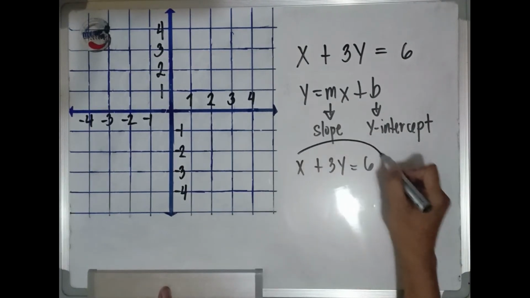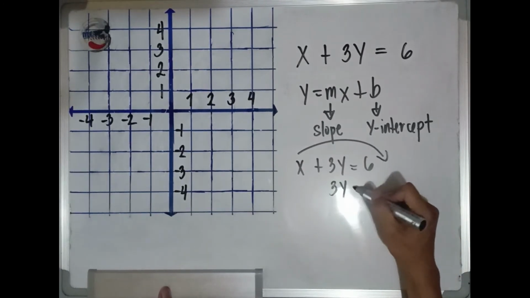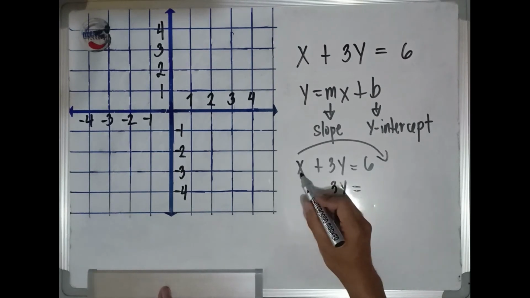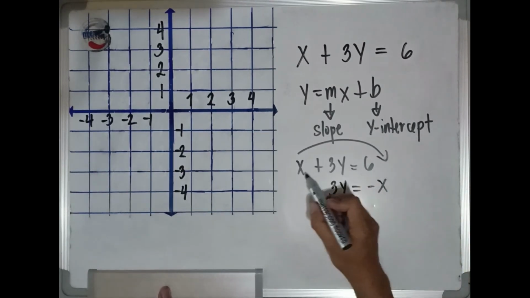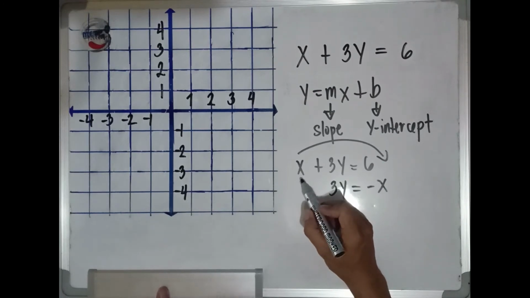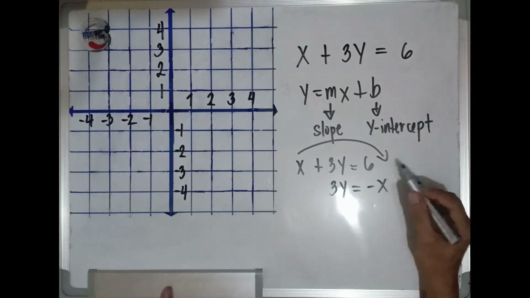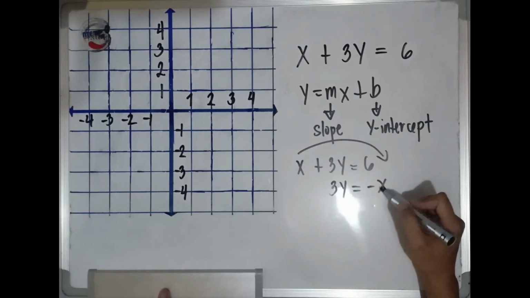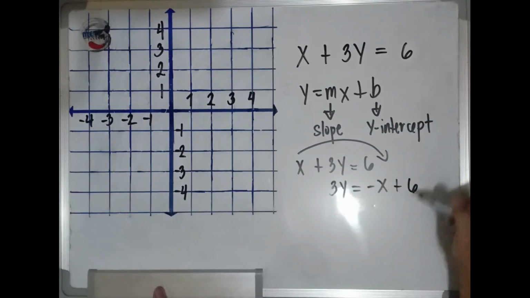So we have to transpose x on the other side. So 3y is equal to x will become negative x. Again, when we transpose a constant or even a variable on the other side, the sign will change. That is why positive x turns to negative x. Then copy positive 6.